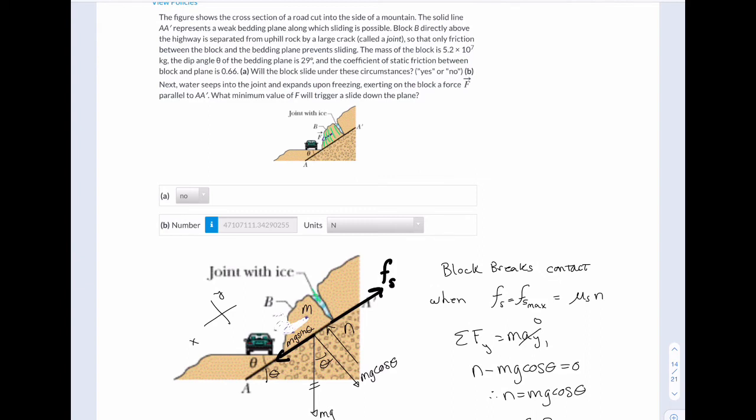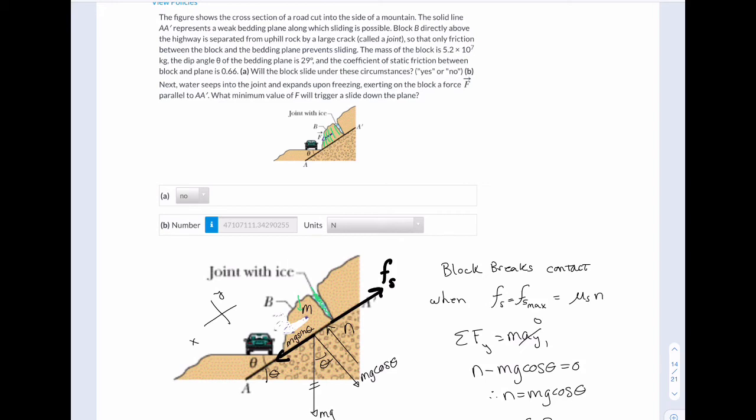There's nothing in between here. And they want to know, will the block slide? So they gave me the mass of the block. And there's friction between this rock and the bed. And they want to know, is this thing going to slide?